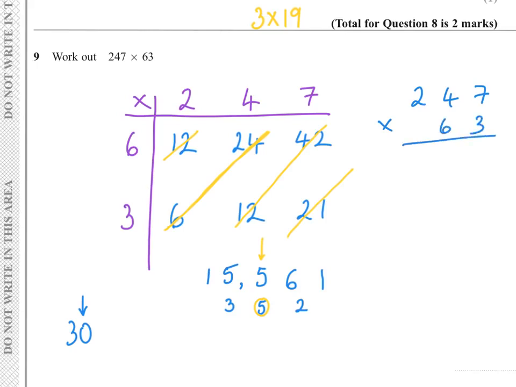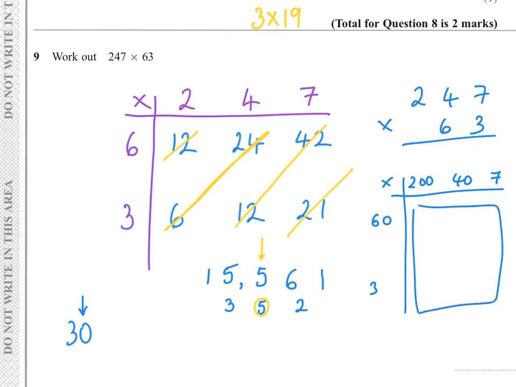Other methods that people have range from methods like this, or some people use grids where they put the 200s, the 40 and the 7, and then the 60 and the 3, and so on, and then they just add up the answers in the grid here. It's very similar, so if we took this one here, 60 by 40, we'd have 24 with 2 zeros, i.e. 2,400. But if you look in this grid here, that 24 means 2400.